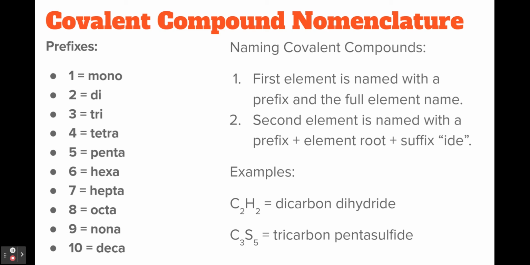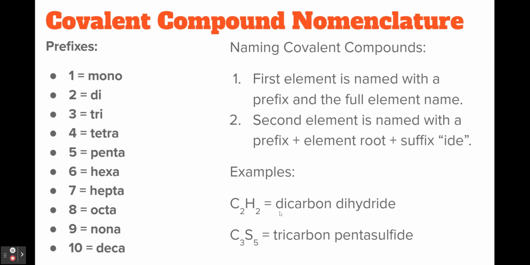And then the second element is named with a prefix showing how many are there, and then the element root plus the suffix "ide." So you do the same thing where you take the root of the word, but you change the ending to "ide." So like the first example here, C2H2, that's 2 carbons and 2 hydrogens. So it would be dicarbon, dihydride.